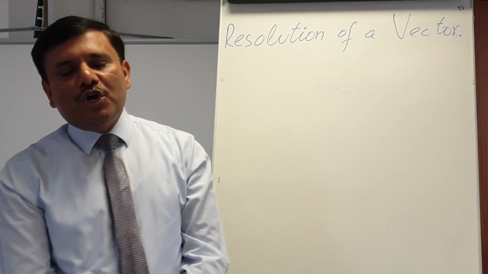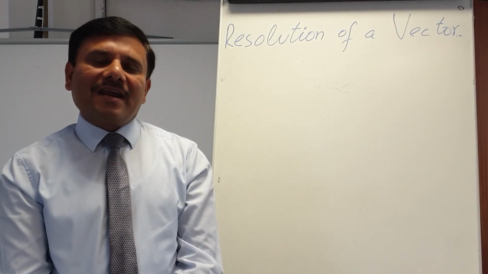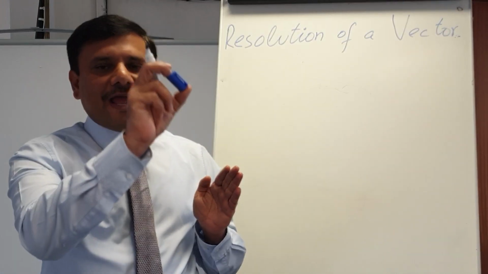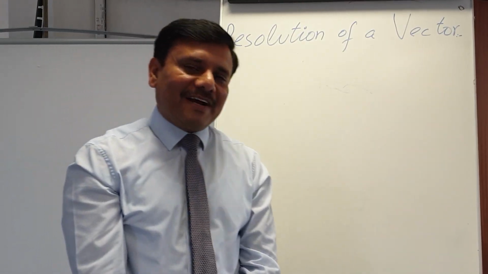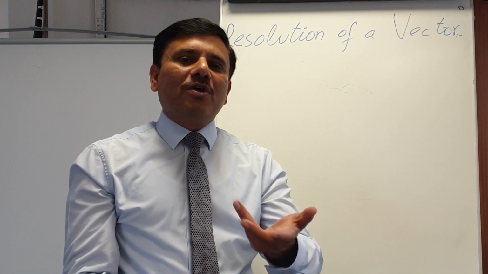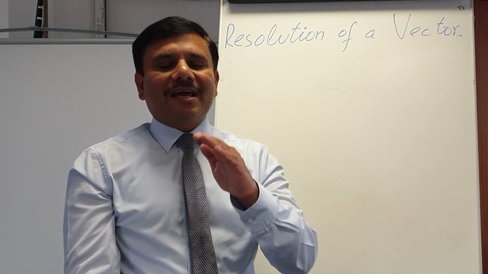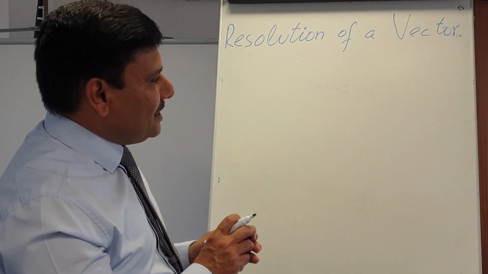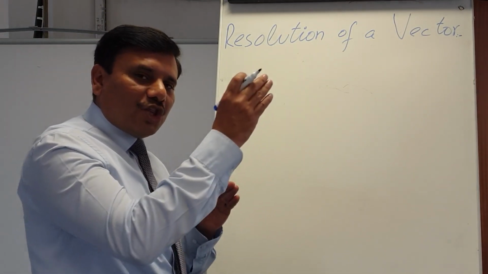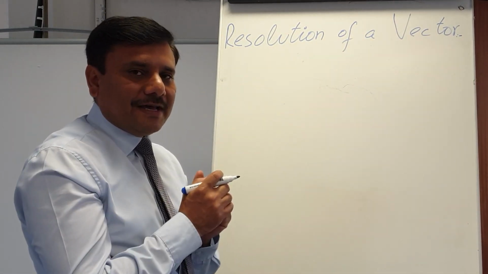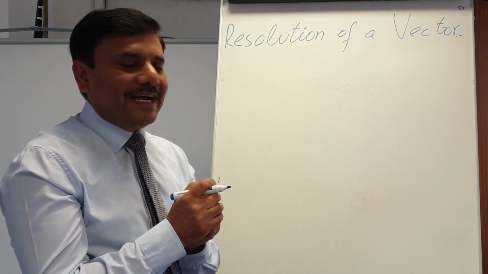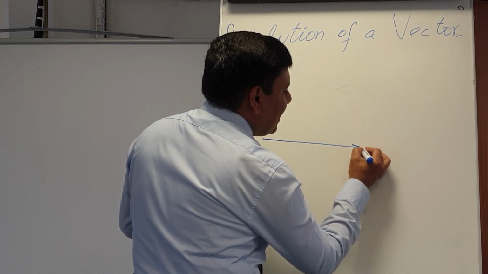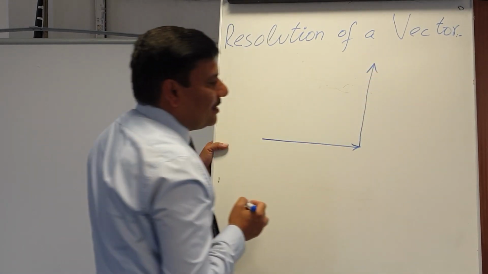So first of all, you must know what a rectangular component is, if we have a vector and we want to resolve that vector into its rectangular components. Rectangular components are those parts of the vector which have an angle of 90 between them. Suppose one component is this one and the other component is this one.